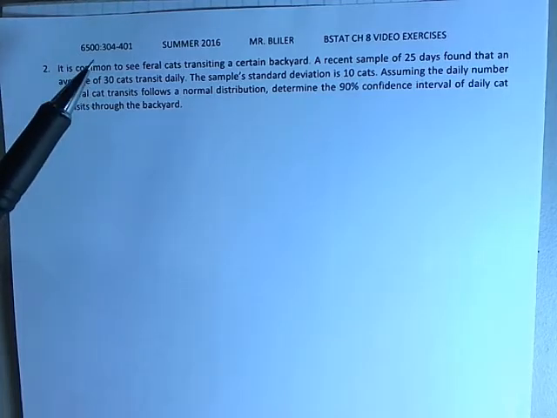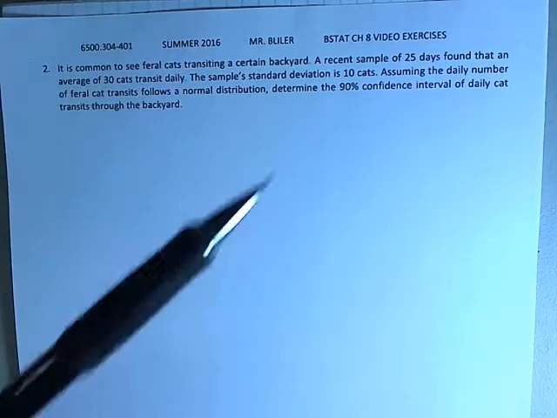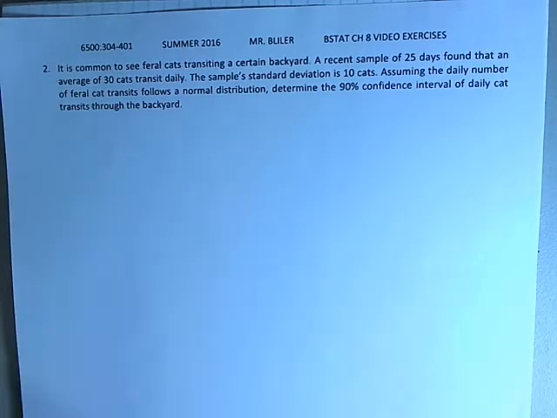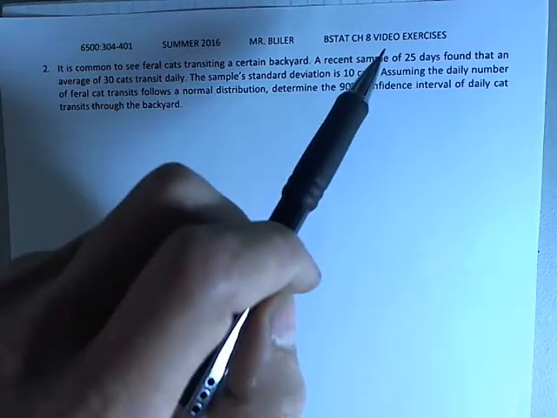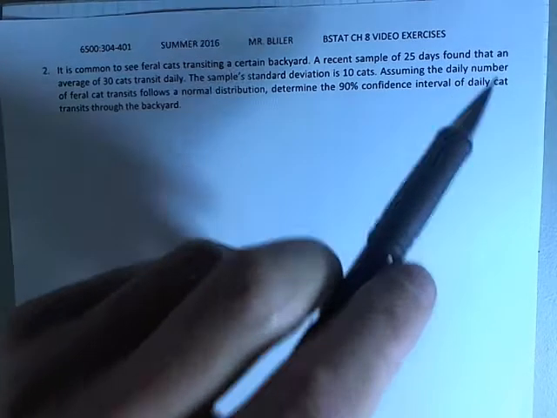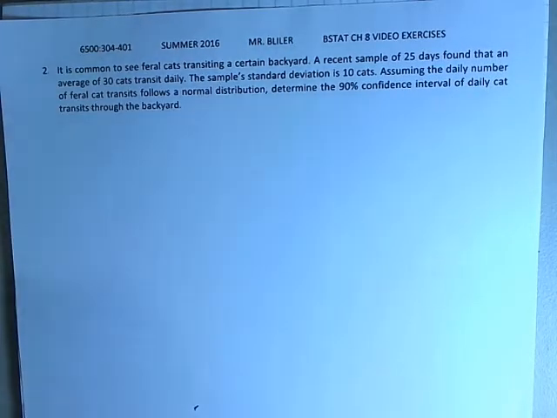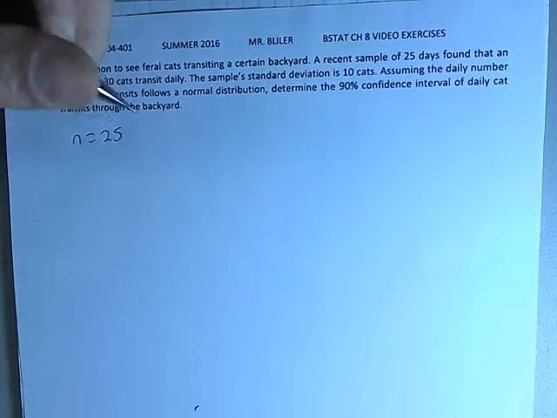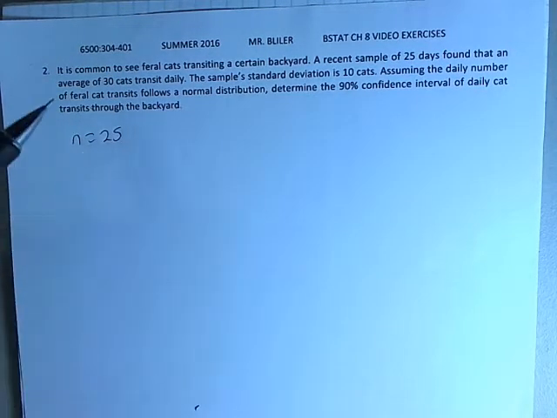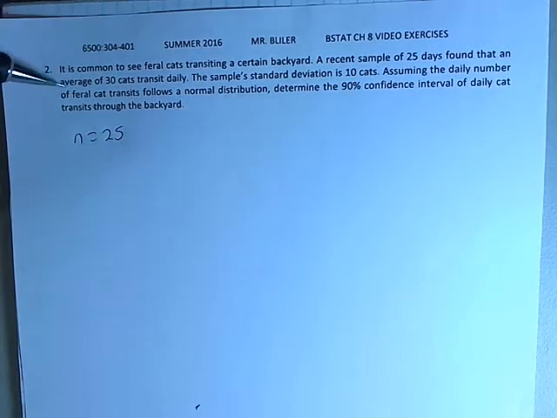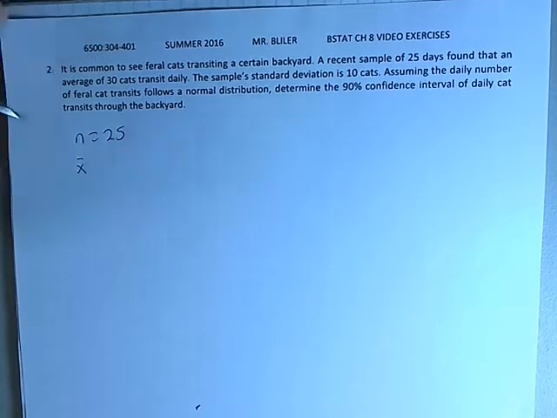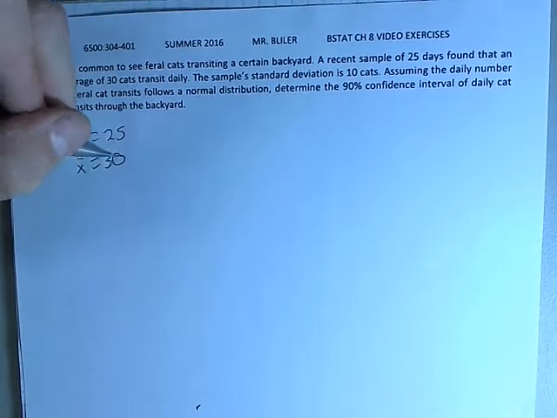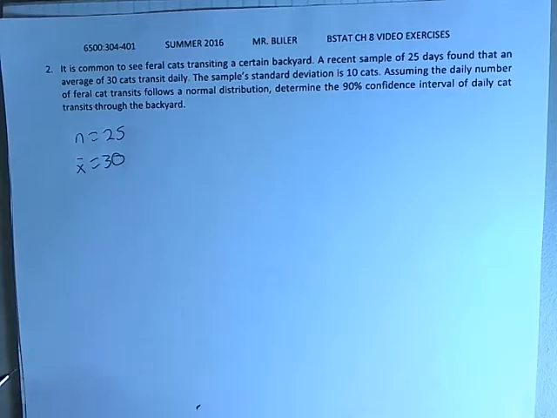We're told that it's common to see feral cats transiting a certain backyard. A recent sample of 25 days, so anytime we see sample in statistics, our pencil should perk up, found that on average, so the average of those 25 days, or the sample mean, was that 30 cats transited daily.